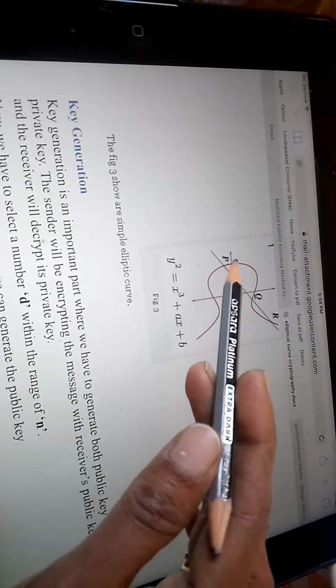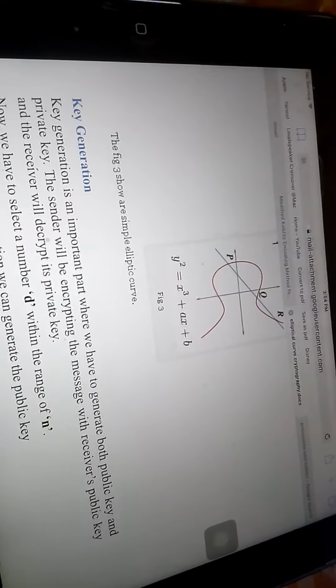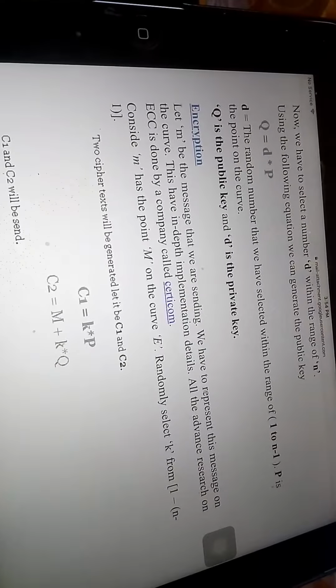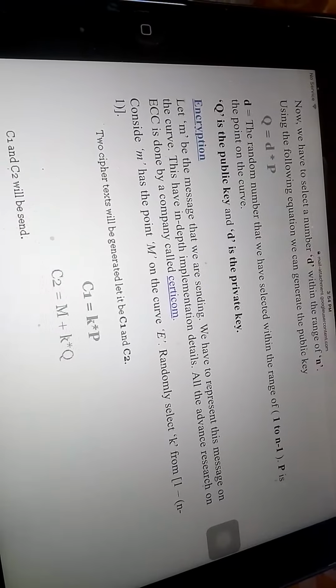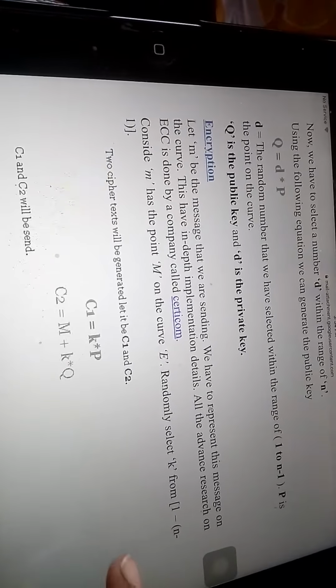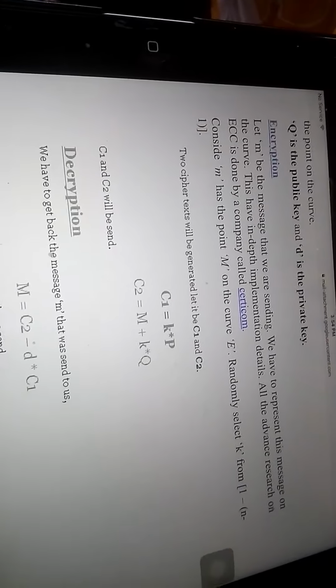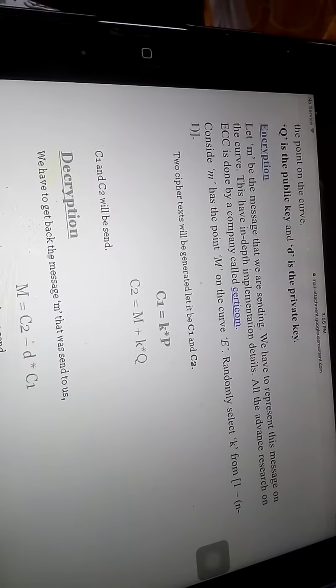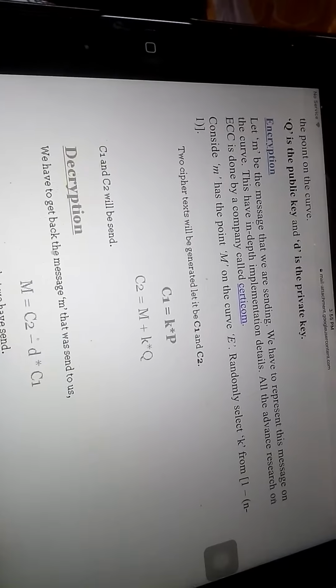For calculating C1, we use the P value which we selected initially and multiply it with the randomly selected K value, on the new curve where the message is mapped.